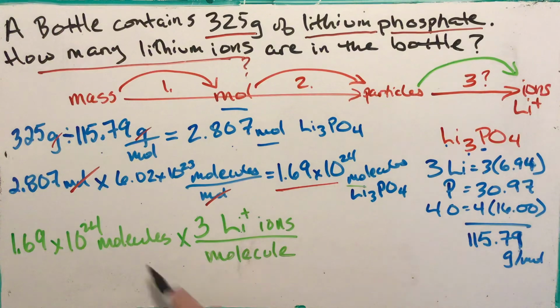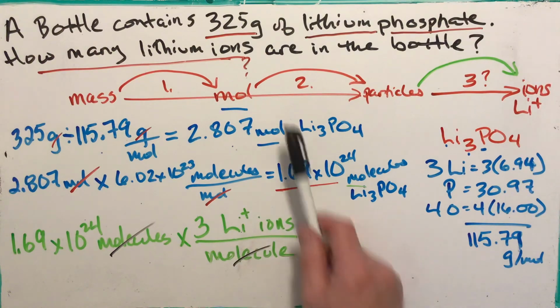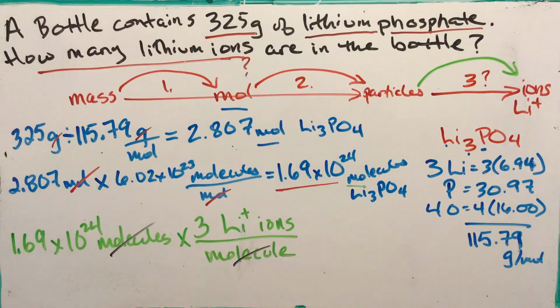And what we'll find is molecules on top and molecules on bottom will cancel when I multiply. And now it's just 3 times this. My only unit left over is lithium ions, which is what we're looking for. So it's a very simple step, right? But again, chemistry is full of this. It can seem hard at first, and then when you reason it out, you go, oh, really, that's it?